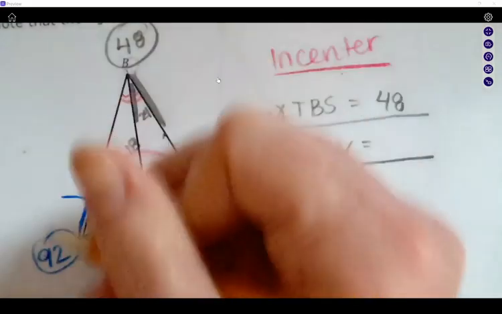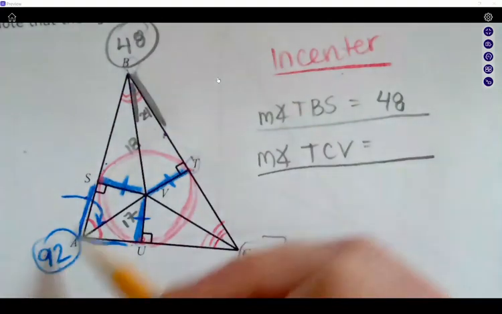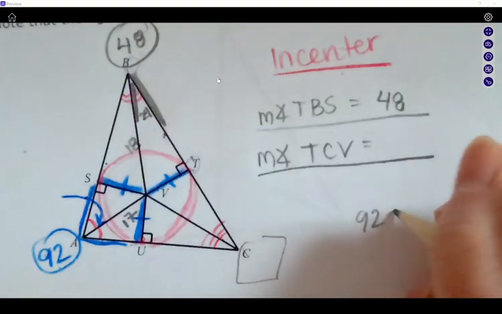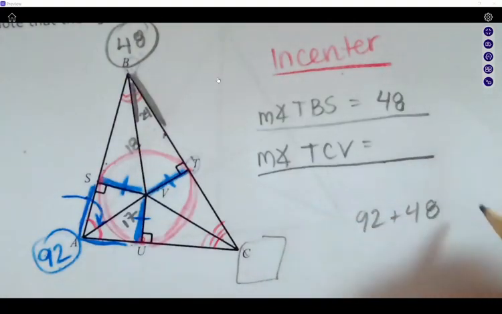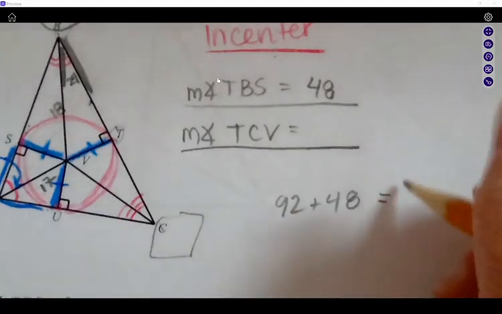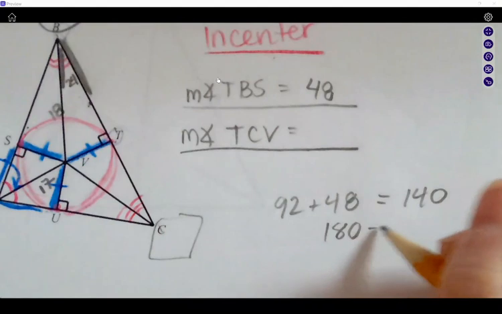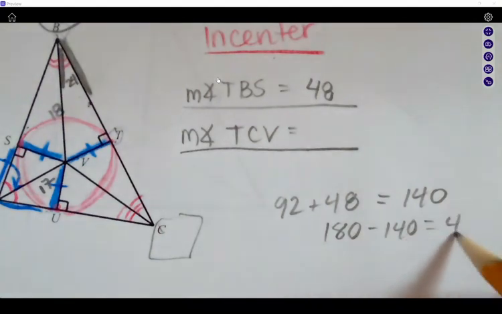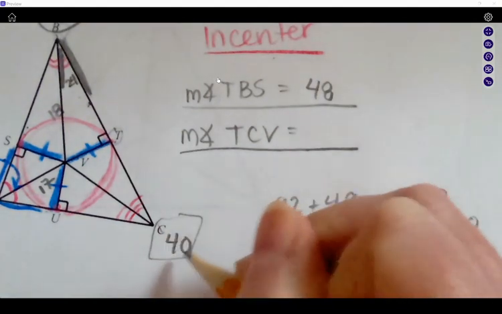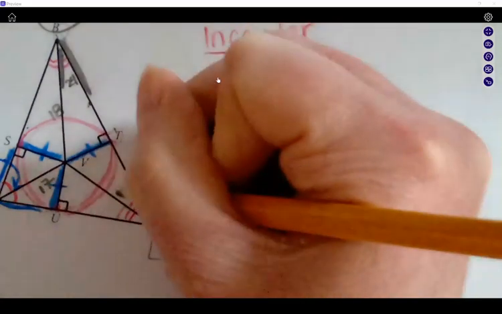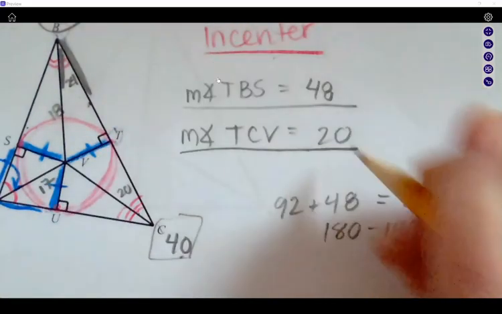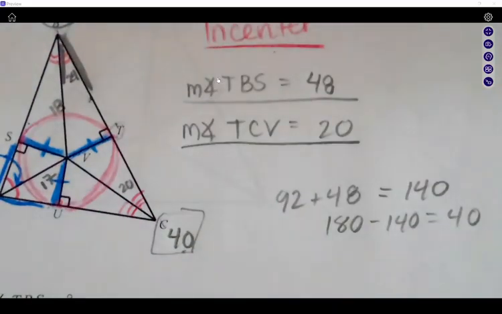Okay, I believe so. So 92 plus 48 equals 140. Subtract that from 180. And we get 40. So the overall angle measure for C is 40 degrees, and half of 40 is 20. You will have to do this on your SMART goal. You will have to do this on your unit exam.